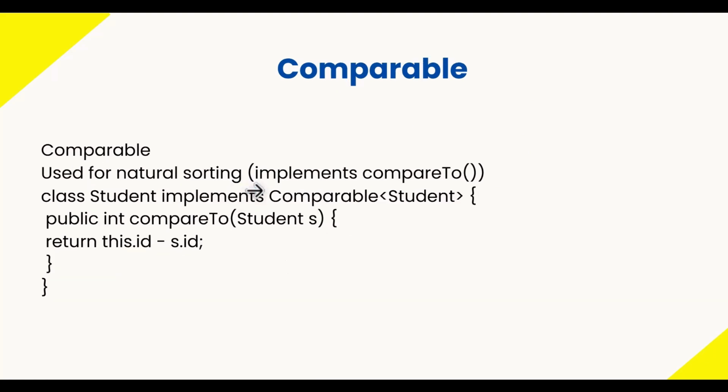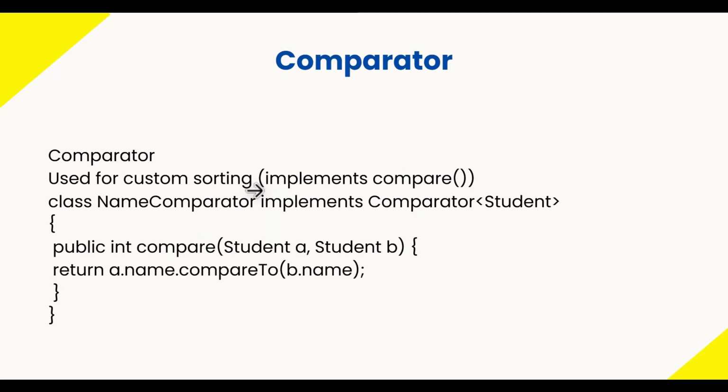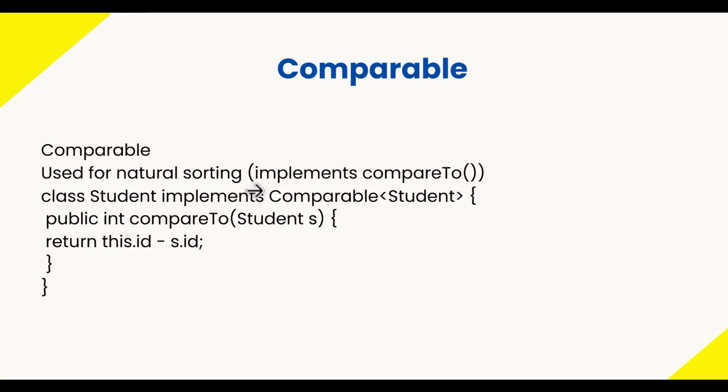And the last difference is that Comparable is used with Collections.sort(list), and Comparator is used with Collections.sort(list, comparator). Here is the simple example for Comparable: sort by marks inside the student class, meaning the sorting of students with the help of marks.